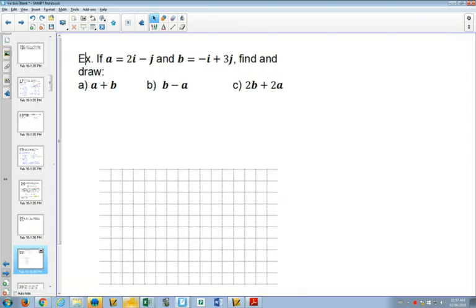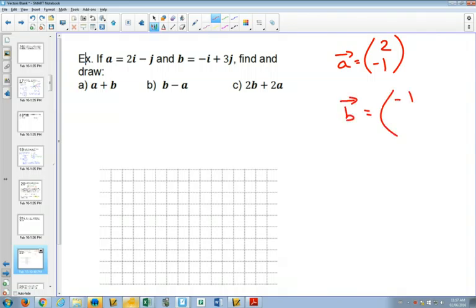So if A is equal to 2i minus j, and if we write A over here as a column vector, it would be 2, negative 1. And B as a column vector would be negative 1, comma 3.